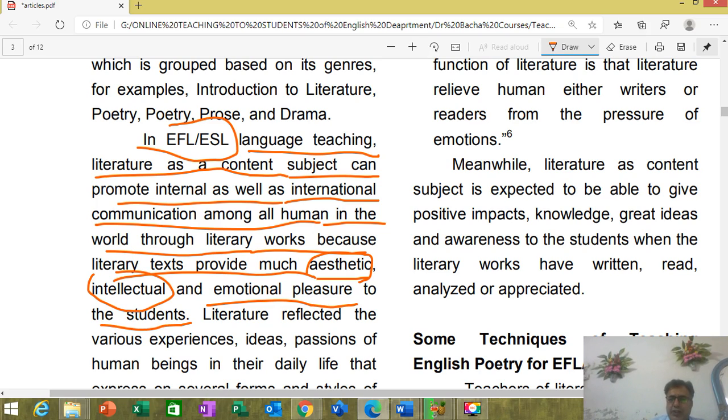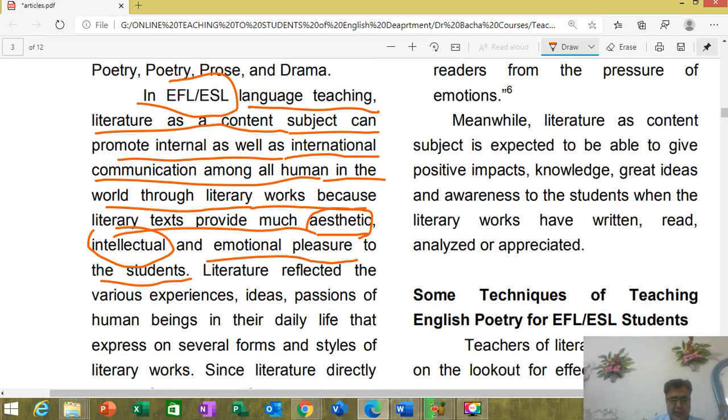Literature reflects the various experiences, ideas, and passions of human beings and their daily life, expressed in several forms and styles of literary works. Coming again to the definition, literature is a picture, true or less true, of actual life.